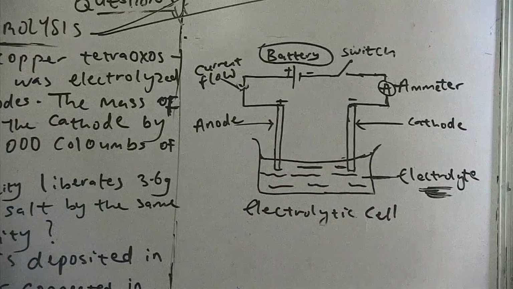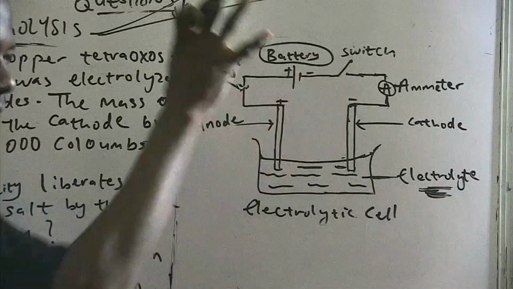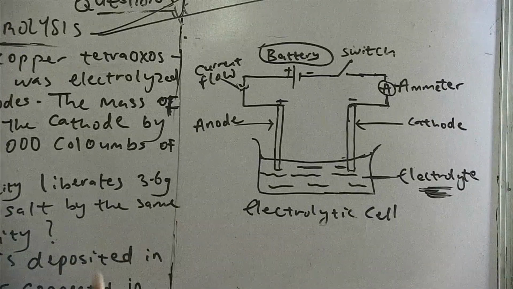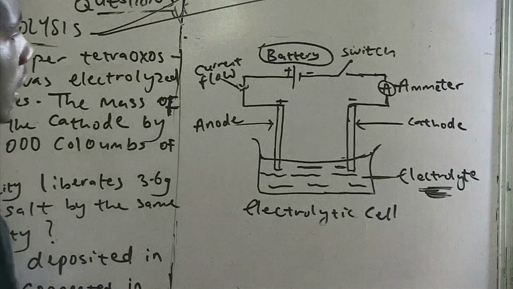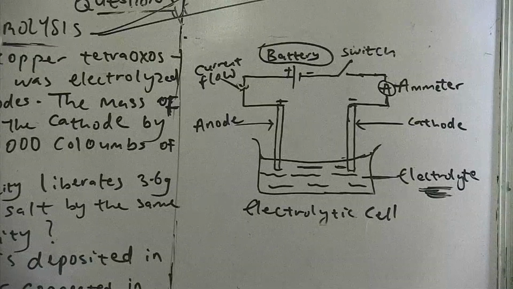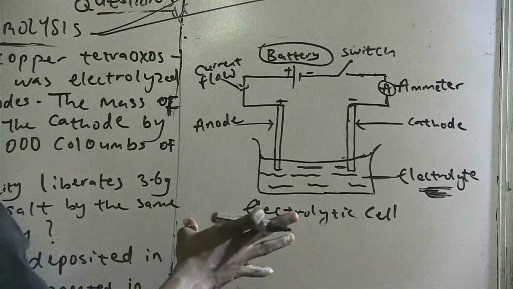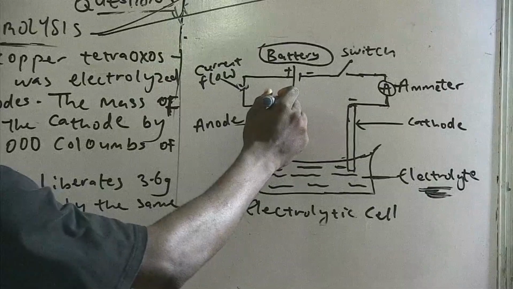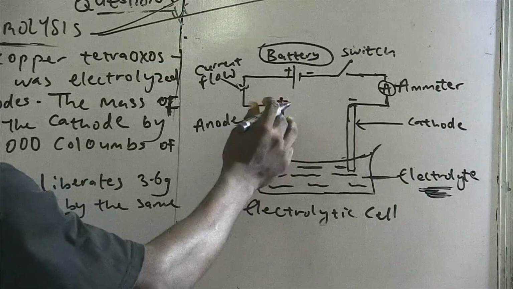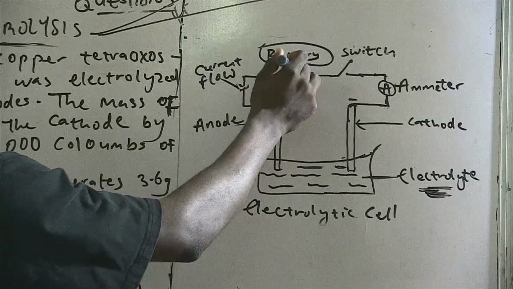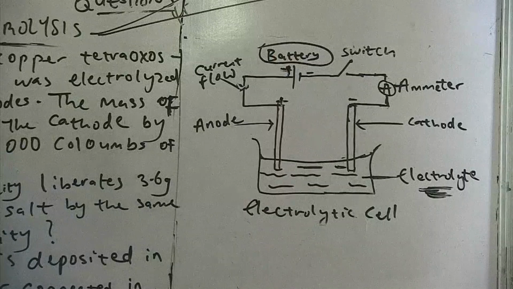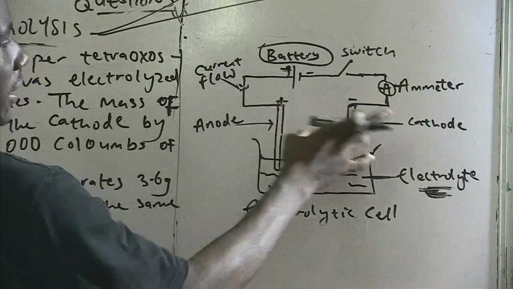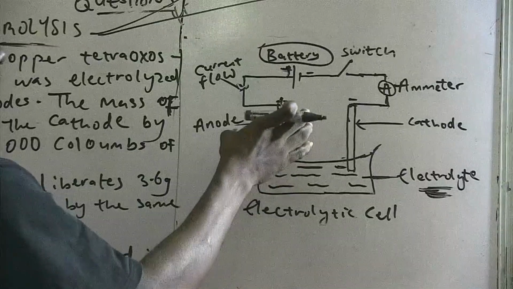More detail will be given in the class, so for the sake of this video we won't dwell much on that. Take note that your anode is connected to the positive terminal of the battery.